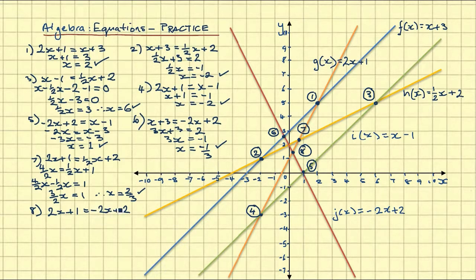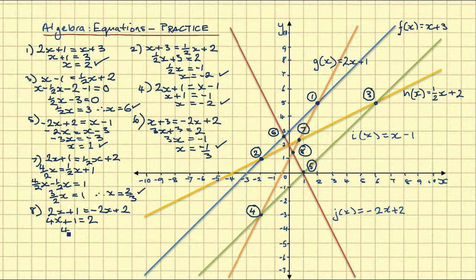So how would I deal with this? Well, let's eliminate this minus 2x. So add 2x to both sides gives us 4x plus 1 equals 2.